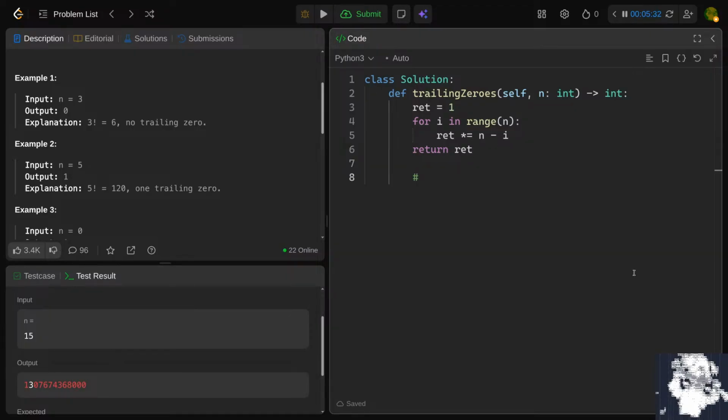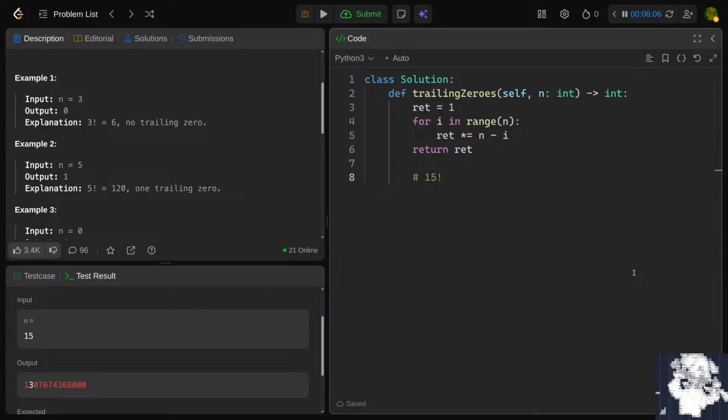So 15 factorial equals 15 times 14 times 13 times 12 times 11 times 10, 9, 8, 7. I'm taking so long to write this.